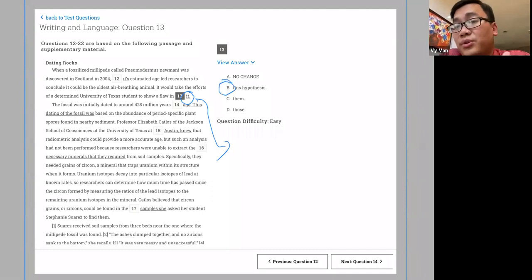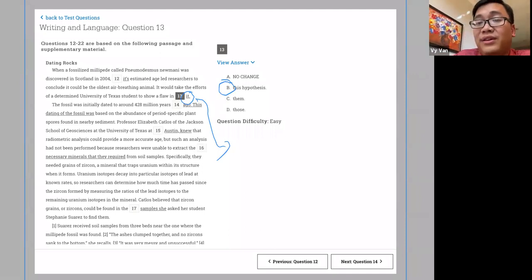You only use a pronoun when you mention something and you don't want to repeat it, so you replace it with a pronoun. Here, you haven't used any nouns yet, so you have to actually say it out. It will take the efforts of a determined University of Texas student to show a flaw in this hypothesis.